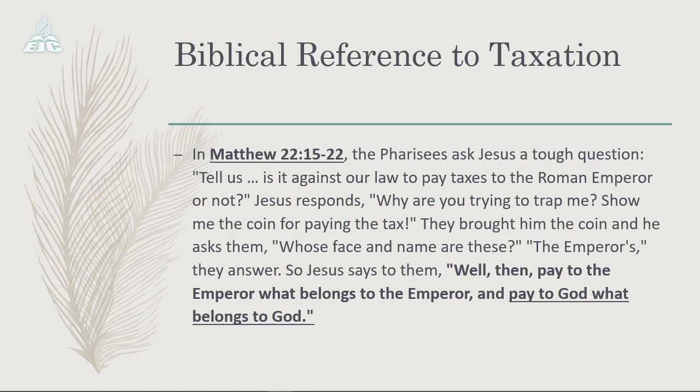In Matthew 22, verses 15 to 22, the Pharisees, of course, asked Jesus a tough question. Good? They asked Jesus, is it against the law to pay taxes? And of course, you must imagine that must have been a tough question because Jesus wasn't a politician.